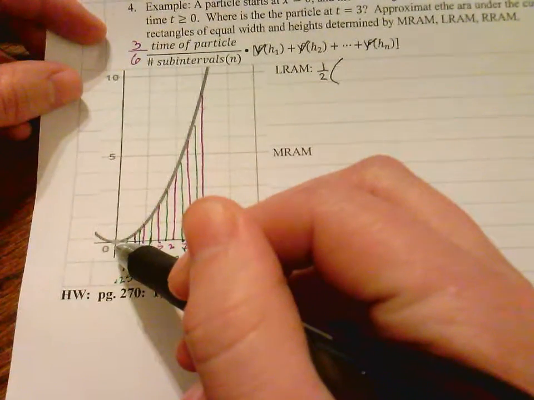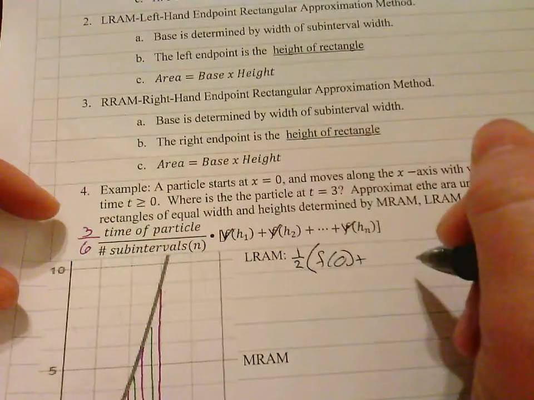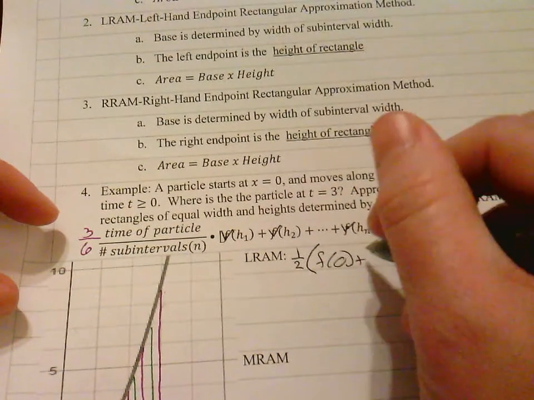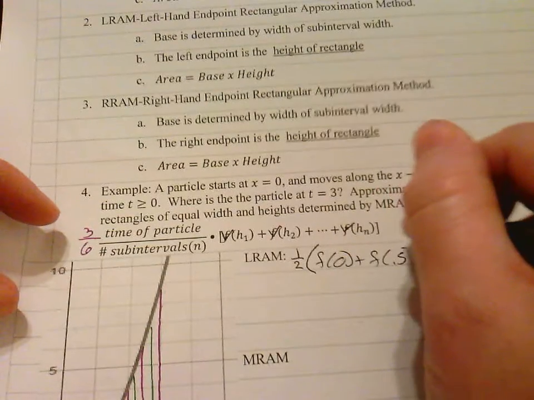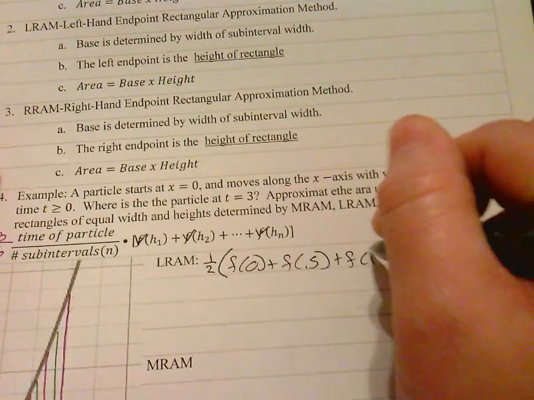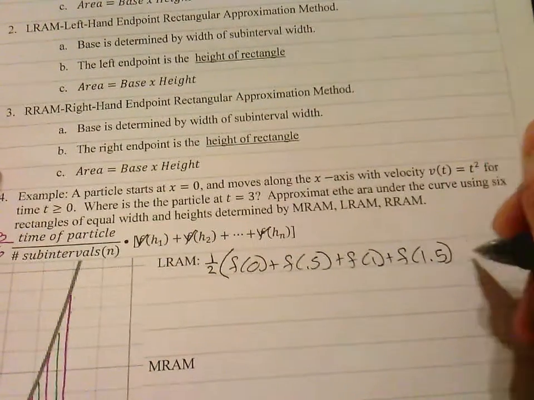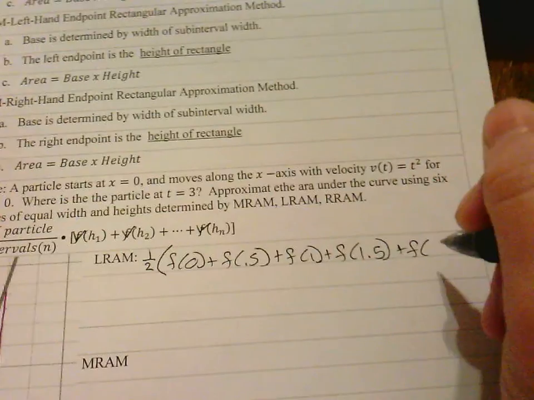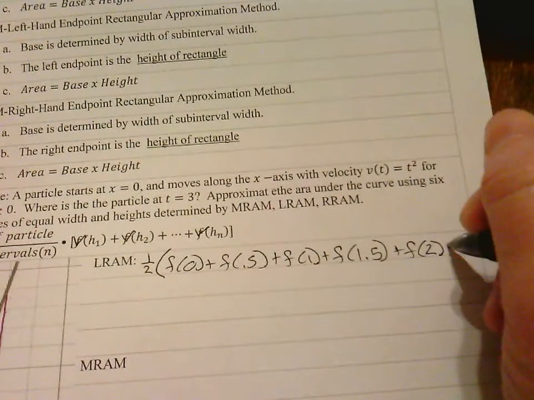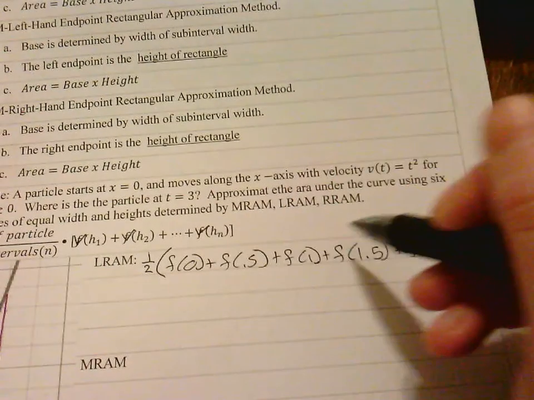So you do f of 0 plus f of 0.5 plus f of 1 plus f of 1.5 plus f of 2 plus f of 2.5. 2, 3, 4, 5, 6. We're looking for 6 subintervals, so we should only have 6 numbers here.